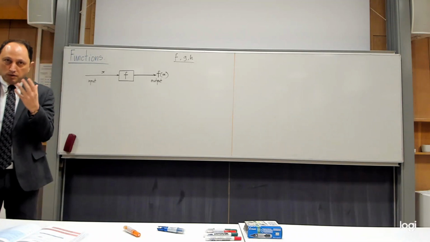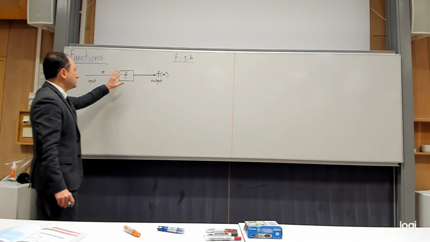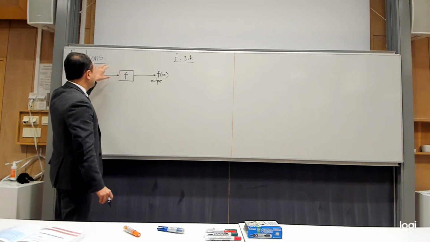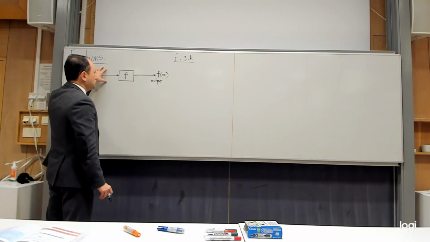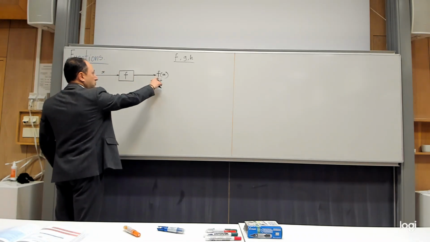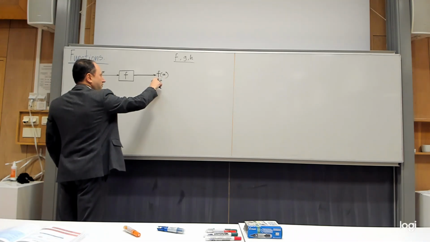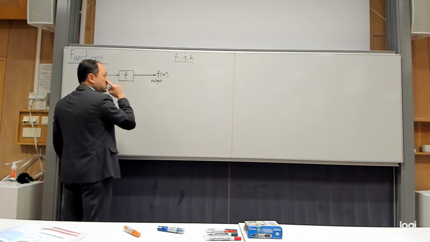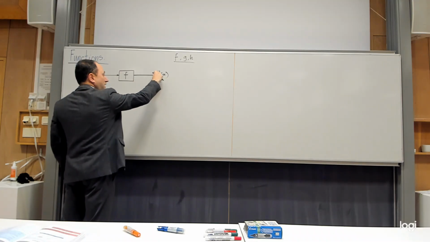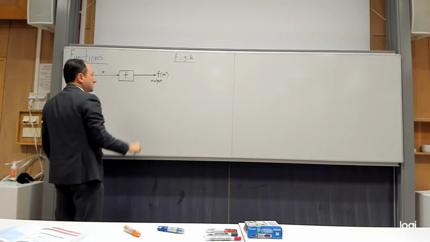X is just a name for the input, yes? And then this machine does something on the input, and it gives you a product, an output, and that output generically is denoted by this. This is called F. You read it F of X, and this is the way that you write the output.